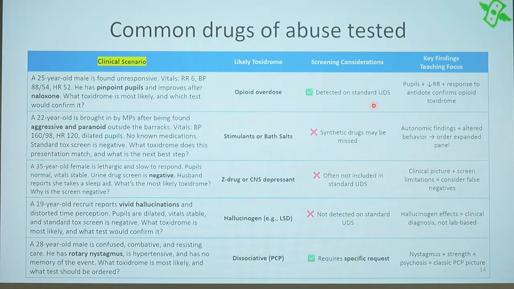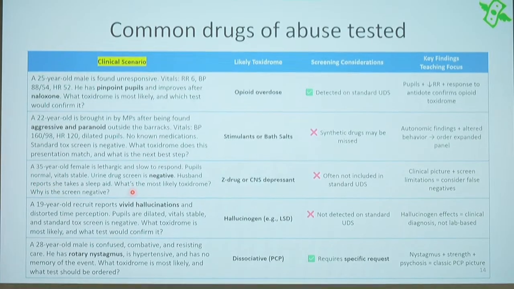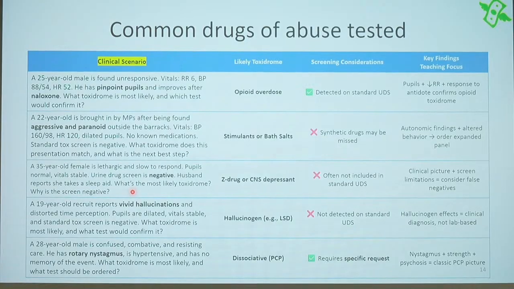Some of them are not. For example, we take this third example: a 35-year-old female is lethargic and slow to respond. Her pupils are normal, vitals are stable, UDS is negative, but her husband reports that she takes a sleeping aid. What is the most likely toxidrome, and why is the drug screen negative?